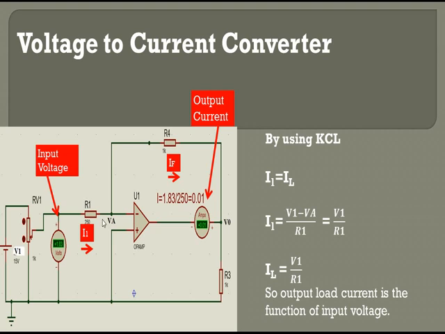So the same current is transferred to the output, so IL is equal to V1 upon R1. So current is calculated here. Current is voltage 1.83 divided by R1 resistance, which is 250. We received it as 0.01. So current is 0.01. So this circuit converts voltage into current.